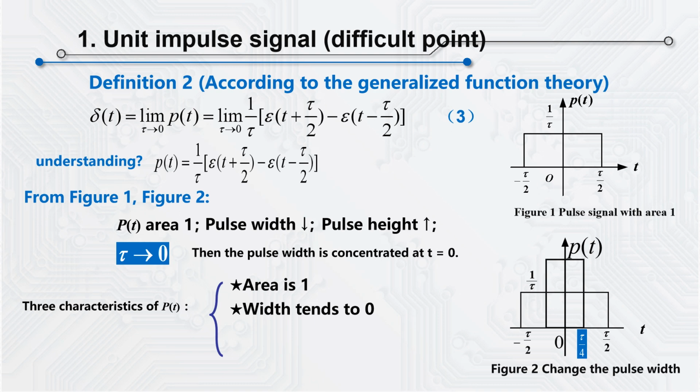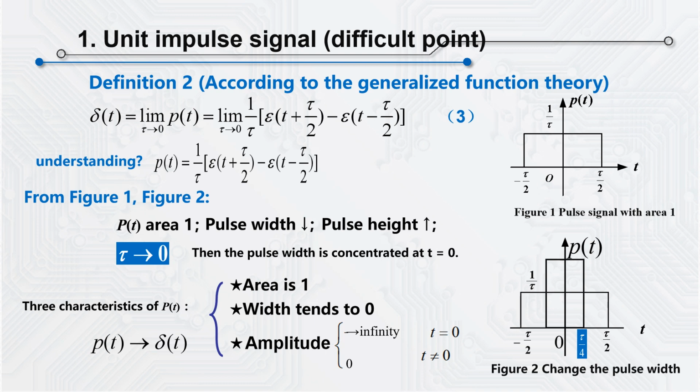Therefore, the rectangular pulse pt also has three characteristics. The area is 1. When its width approaches 0, its amplitude or height is approaching infinity. Obviously, these three properties and the Dirac function have the same nature. Therefore, in engineering, when tau approaches 0, we regard the limit of pt as impulse signal.